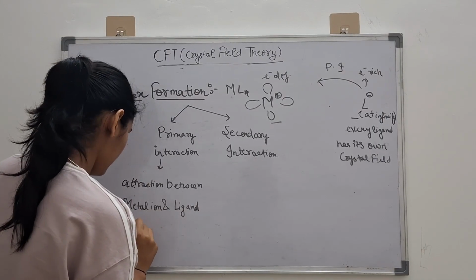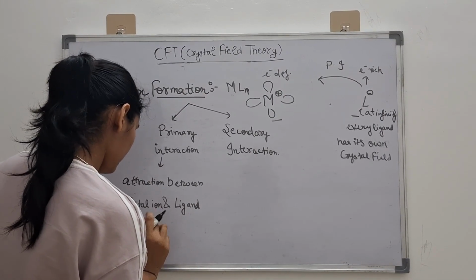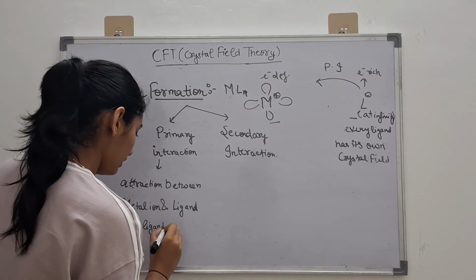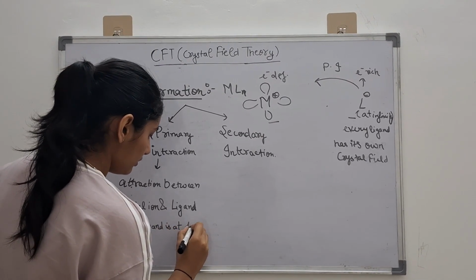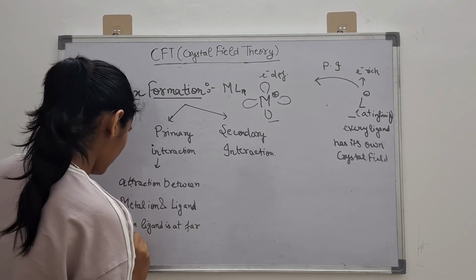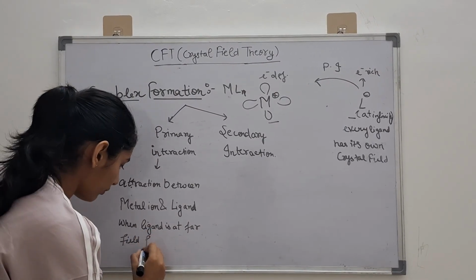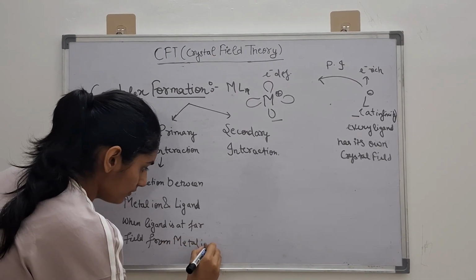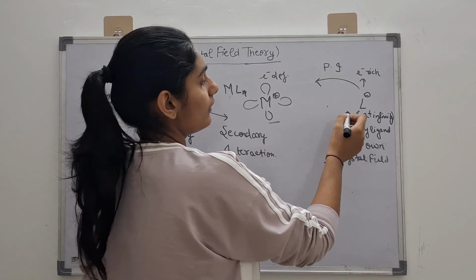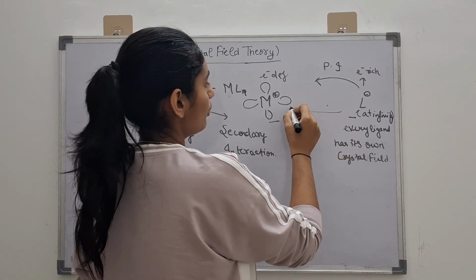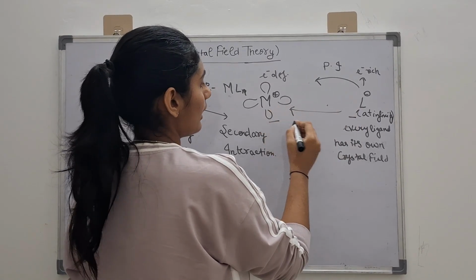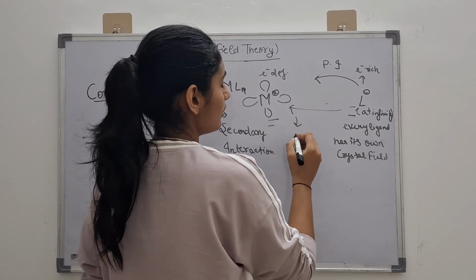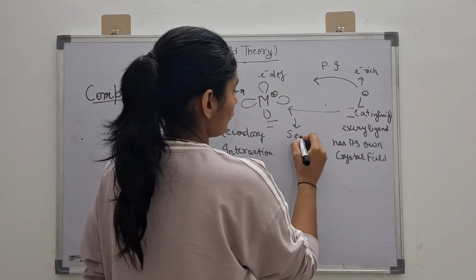When the ligand comes closer to the metal ion, there will be a repulsion between the ligand and the metal, and that is known as secondary interaction.